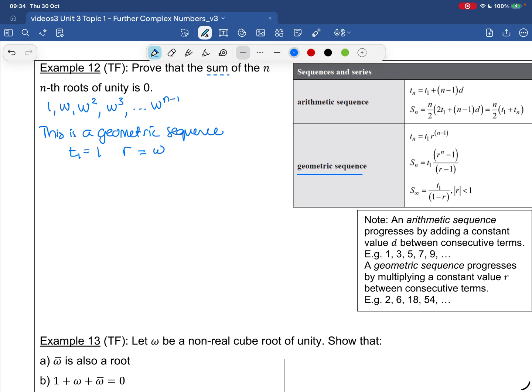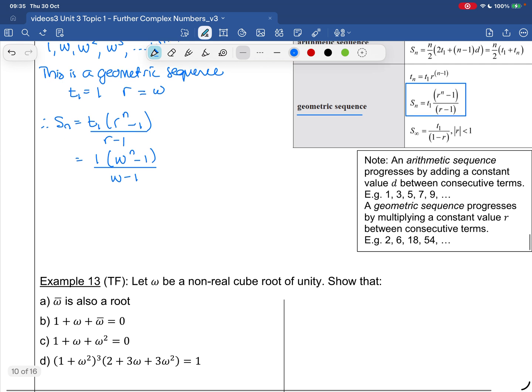So the nice thing about defining that is that I can then just use the equation given to me for the sum to n terms. So Sn is equal to T1 (r^n - 1) over (r - 1). So that's going to be 1 times (omega^n - 1) over (omega - 1).